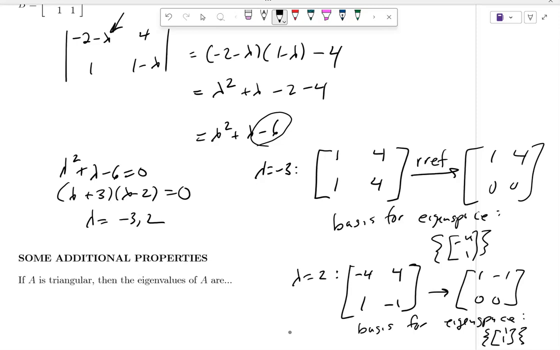So don't do that. You don't want to get the identity matrix when you're done. You want to get something that has non-trivial solutions. Anytime that you do your row reduction, you better get at least one row of zeros. We want non-trivial solutions. If you don't get any free variables, you've done something wrong somewhere along the way.